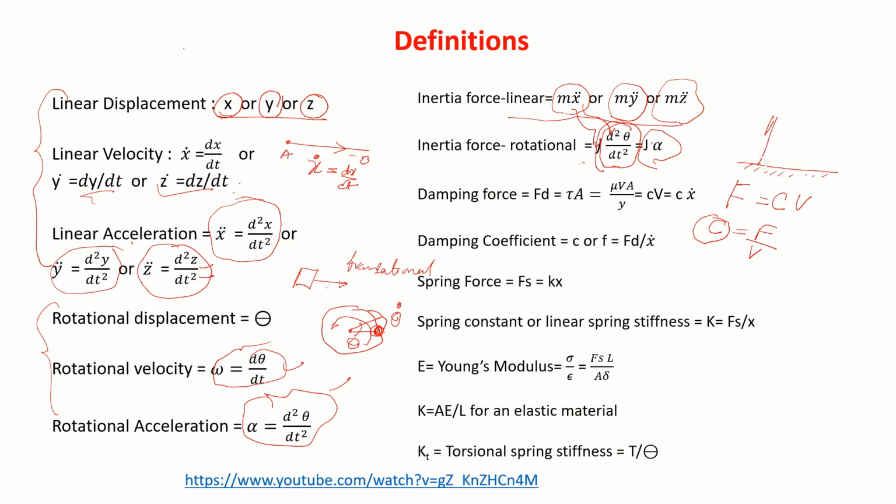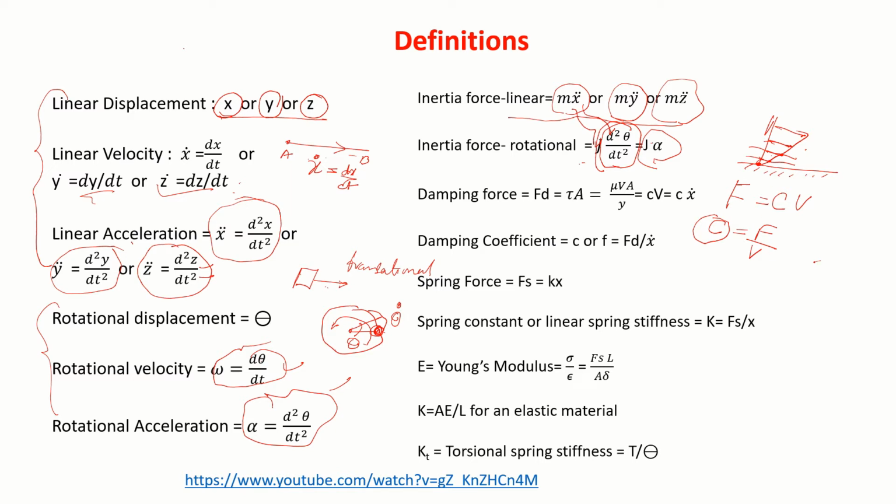Let us say fluid is flowing over this. Velocity of the fluid at the contact point is 0. Somewhere the velocity is so much. Velocity increases like this. Then you join all these points. This is what you call the velocity gradient.